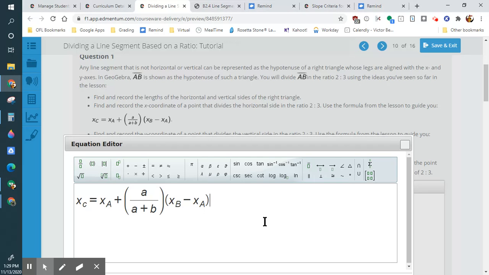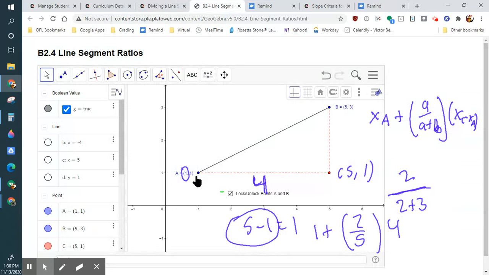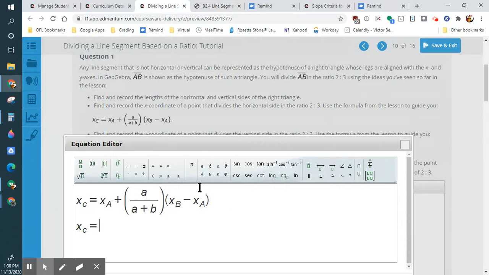All right, so looking at this, what we can do is I am going to plug in my x of c, or not plug in because I don't know what it is. So we leave x of c the same because we do not know that information. Our x of a is this point, our 1, our x value of that point, plus the first part of our thing.